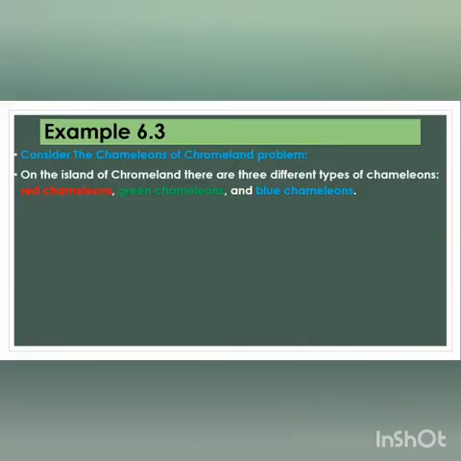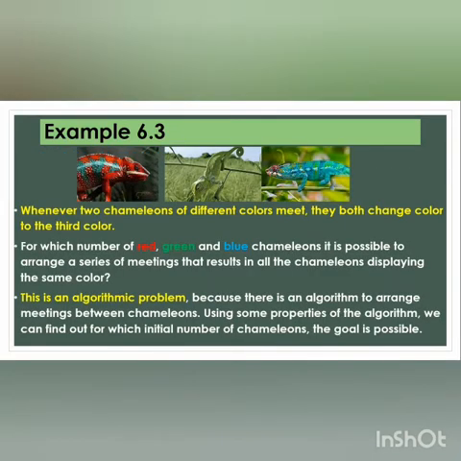Now let us see another example. Consider the chameleons of Chromeland problem. On the island of Chromeland, there are three different types of chameleons: red chameleons, green chameleons and blue chameleons. Whenever two chameleons of different colors meet each other, they both change color to the third one.